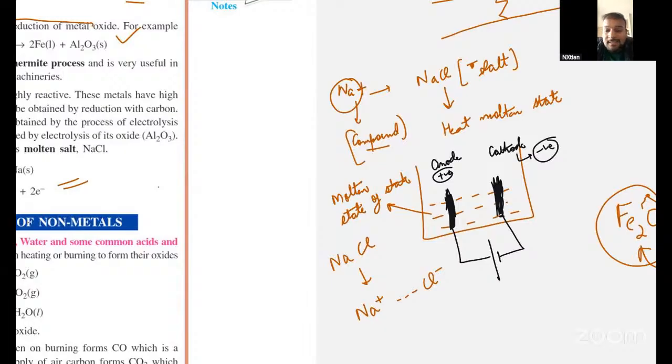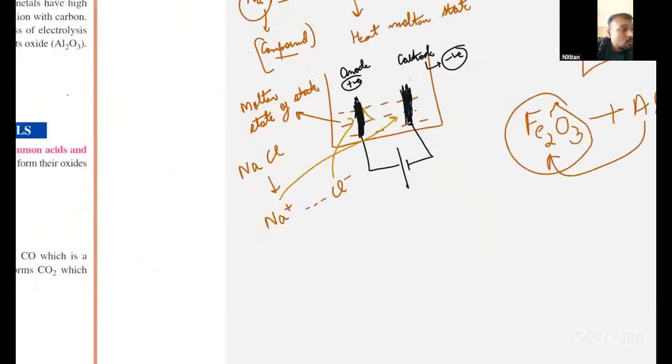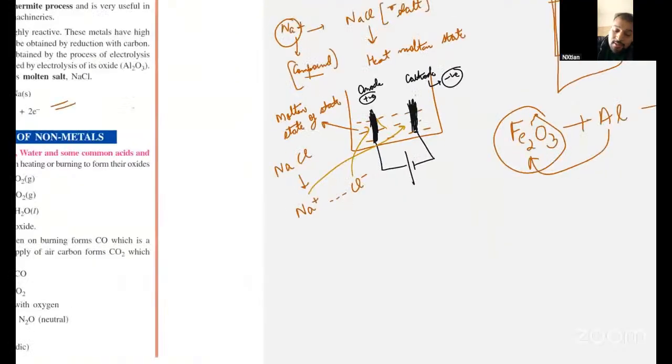Now if I pass the electric current through it, the Na+ will move towards the cathode like this, and Cl- will move to the anode. At the cathode, Na+ gains one electron, and sodium will deposit at the cathode.